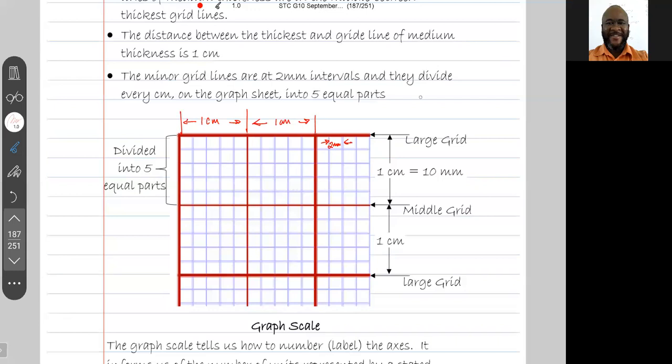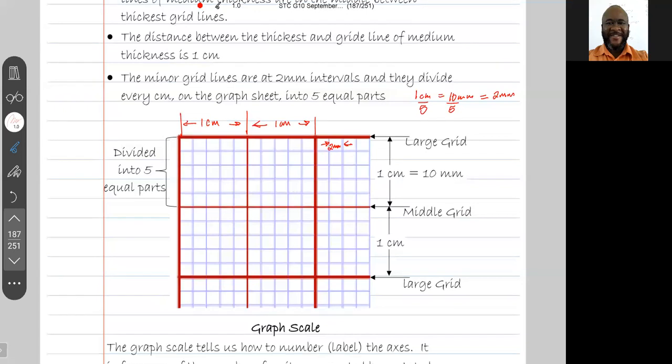So if you divide 1 centimeter, which is 10 millimeters, by 5, you end up with 10 divided by 5 is 2 millimeters. So the distance between the blue lines, the smallest interval on your graph sheet, is 2 millimeters.